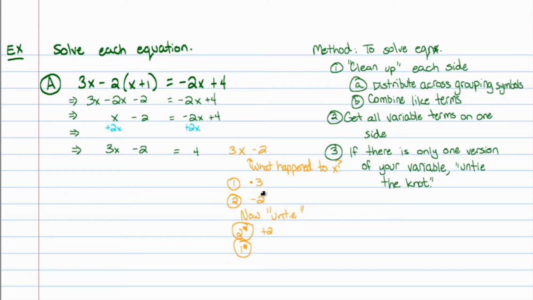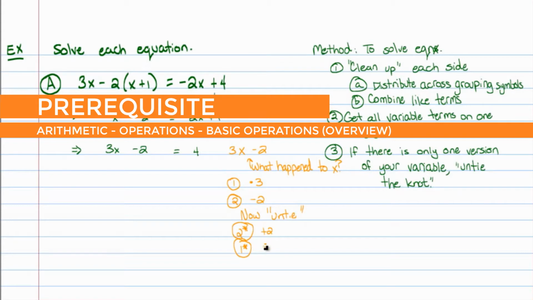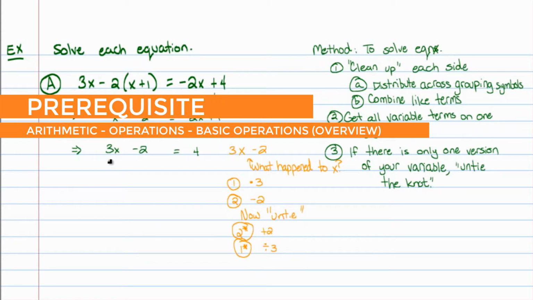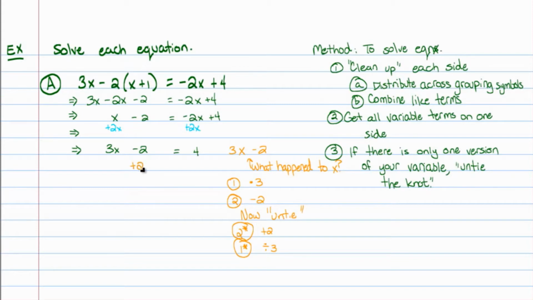To untie this multiplication by 3, we do the inverse of multiplication by 3, which is division by 3. This is my roadmap to untying this knot. I'm going to add 2 to both sides to get 3x is equal to 6. And then I'm going to divide both sides by 3 to get x is equal to 2.